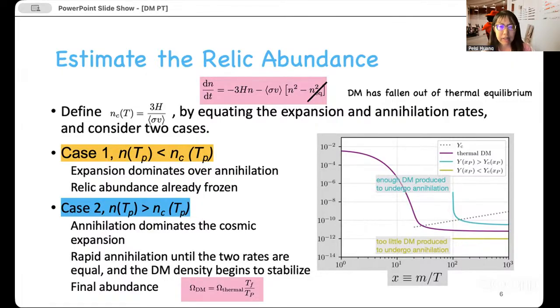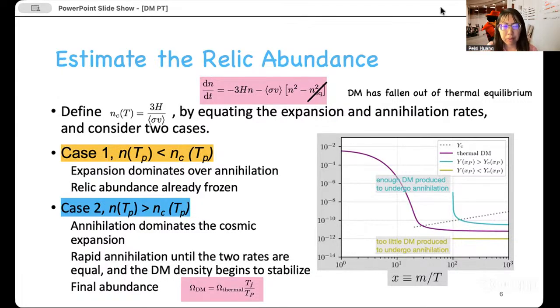Something more interesting is the scenario that we show in this blue line. The number density at the time of production, or at the time of phase transition, is higher compared to the critical number density. In that case, the annihilation dominates over the cosmic expansion. And therefore, we expect rapid annihilation until the two rates are equal and the dark matter number density begins to stabilize.